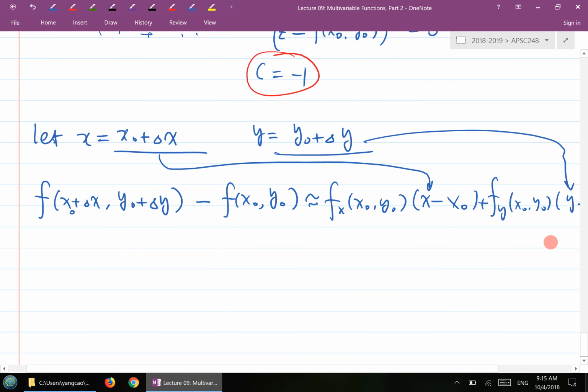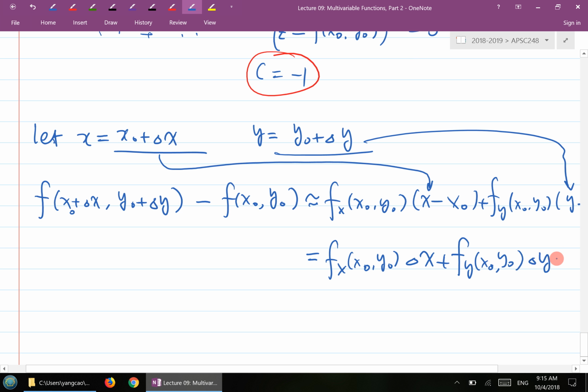Then what does this side give us? It gives us fx at here times Δx, and fy at here times Δy.